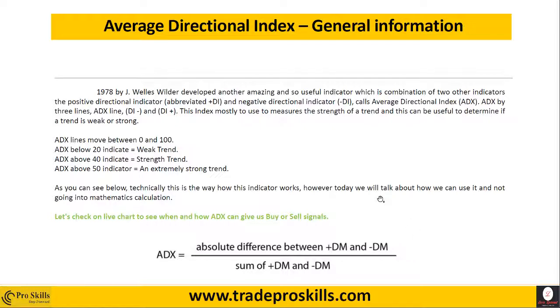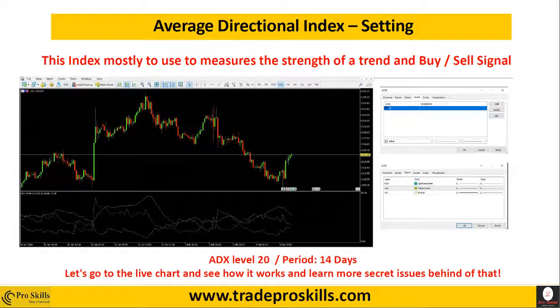Of these three lines, the ADX line shows us whether the trend is weak or strong, and DI plus and DI minus show you the direction. Let's try it on a live chart. This is the general setting.